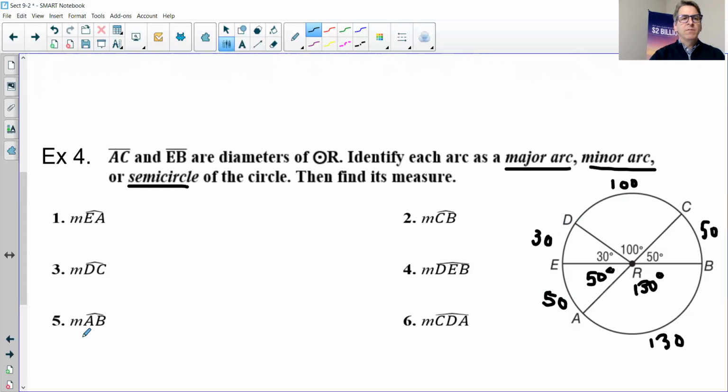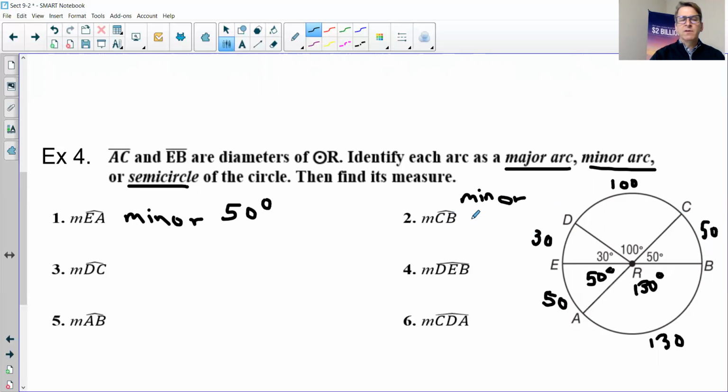Okay, so let's start with measure of EA. Measure of EA is a minor arc, and it's 50 degrees. Number 2, CB. CB is a minor arc, it's less than 180.